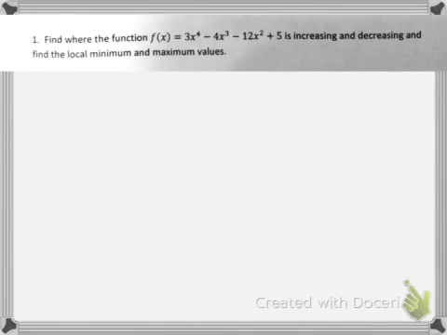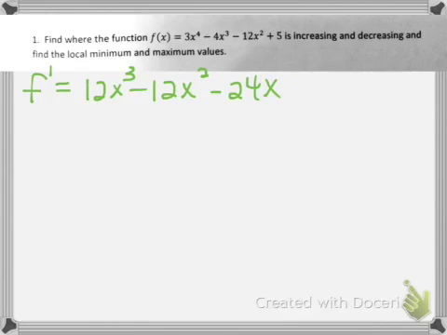Okay, first problem. So find where I'm increasing, decreasing, and find the local min and max. So what am I going to do? I'm going to use the derivative. So I'm going to find the derivative of that function. F prime of x would equal 12x cubed minus 12x squared minus 24x. Okay, I'm going to set it equal to 0 and I'm going to solve.